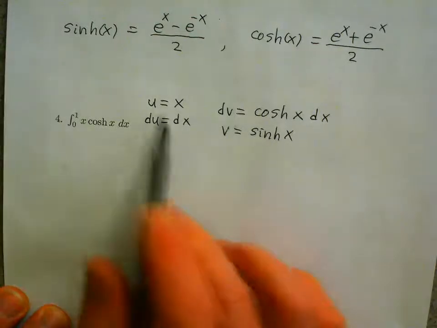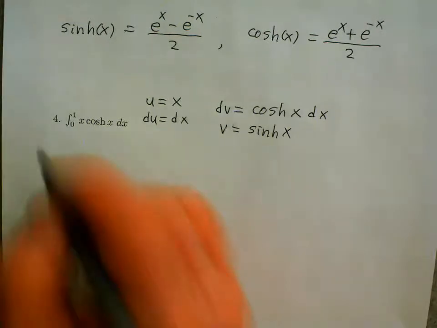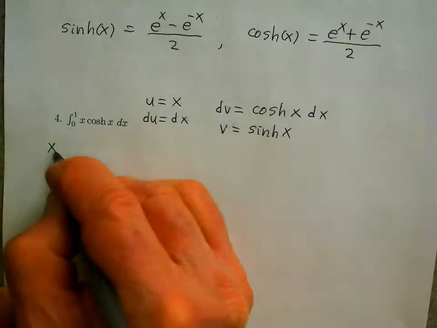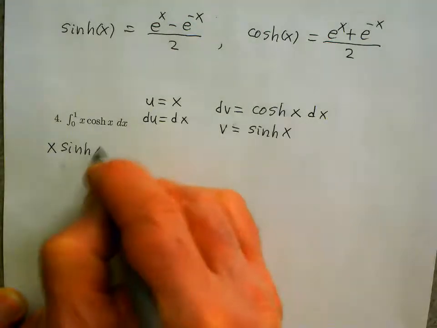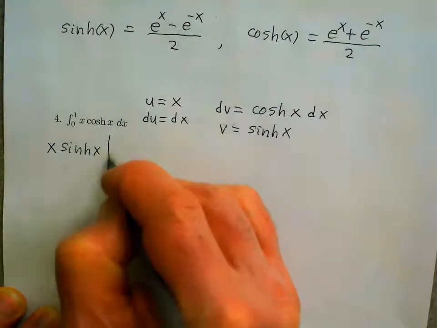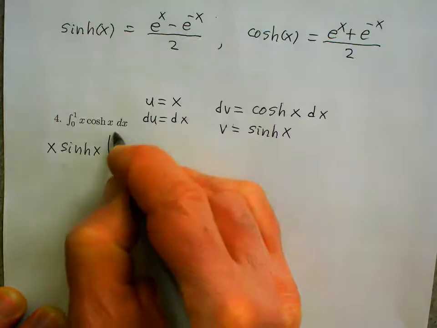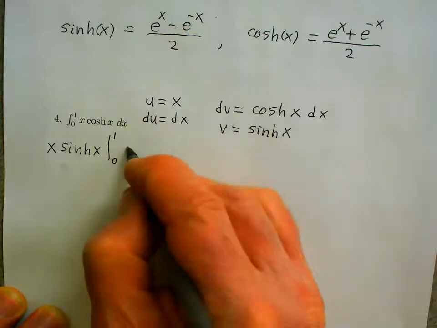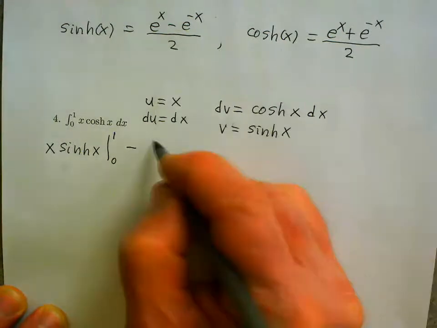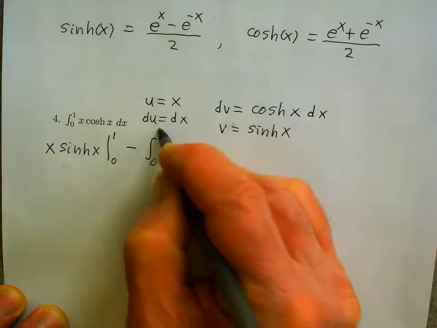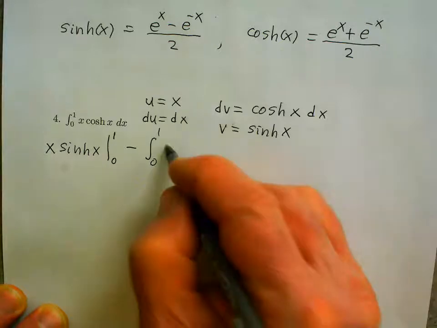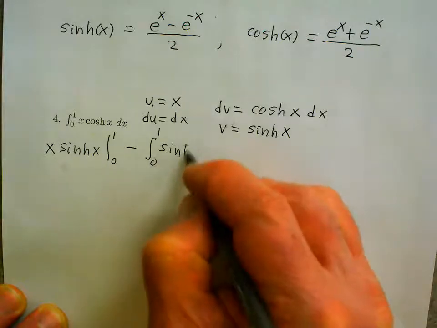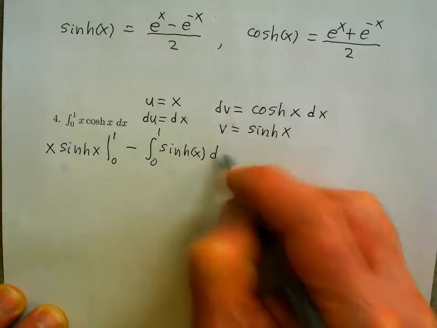Okay, so u times v is x times hyperbolic sine of x. We're going to evaluate that between x equals 0 and x equals 1. And then minus the definite integral from 0 to 1 of v times du, so hyperbolic sine of x dx.